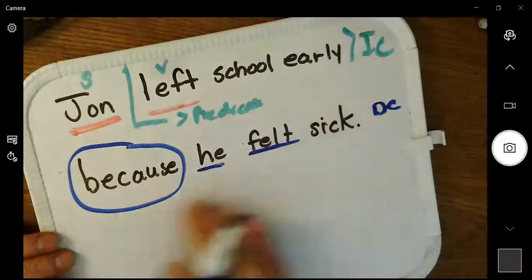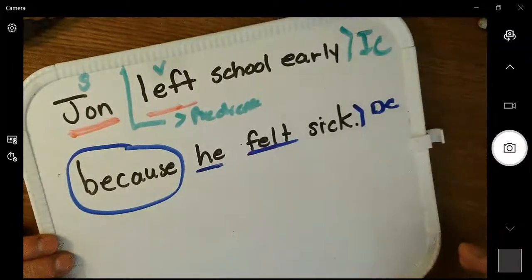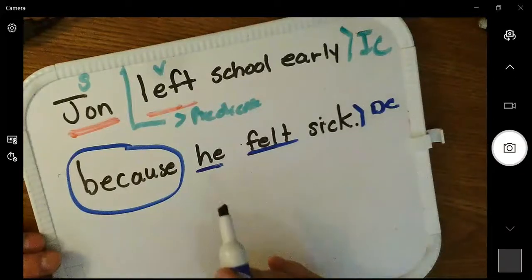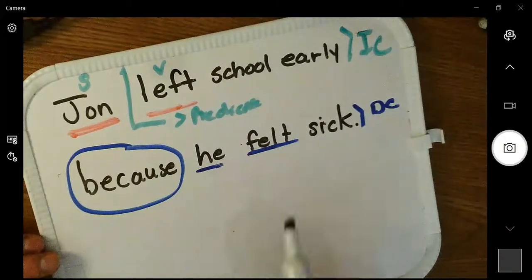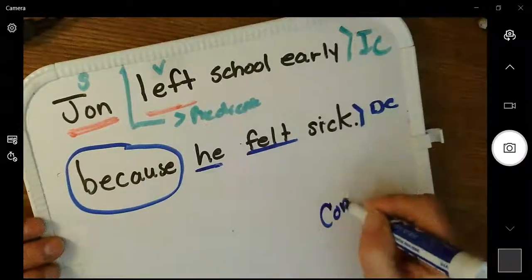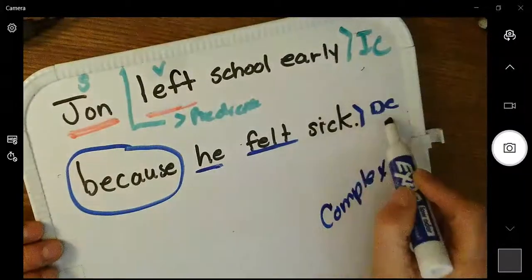Because by itself, you really have no idea what they're talking about. It doesn't express a complete thought. It has two of the three components needed for a complete sentence. It has a verb, it has a subject, but it doesn't make a complete thought. Okay, so this is why it's a complex sentence. It has an independent clause and a dependent clause.